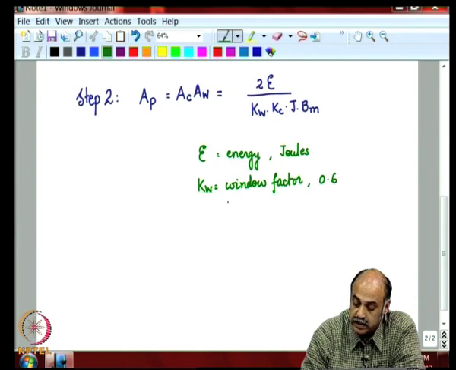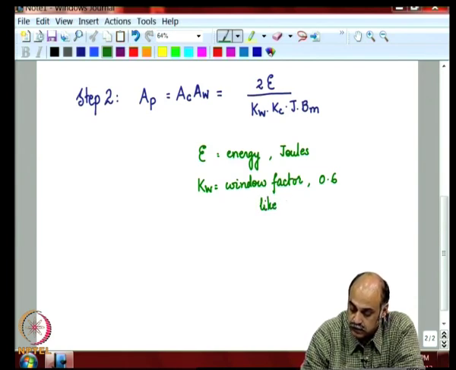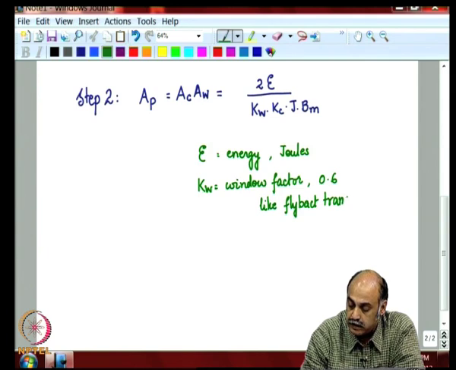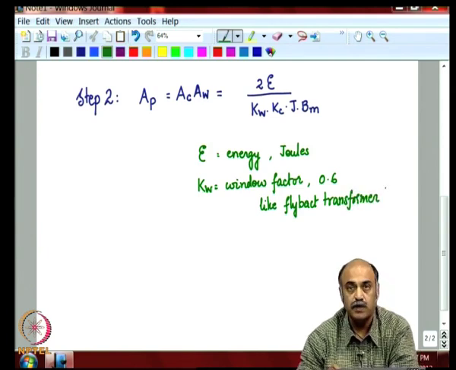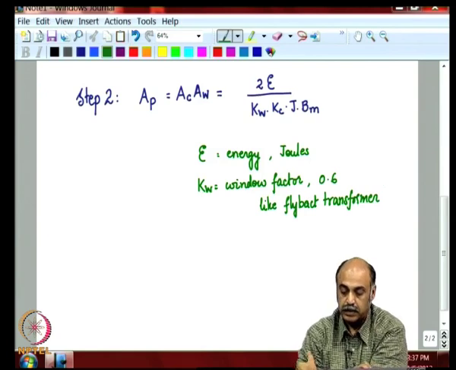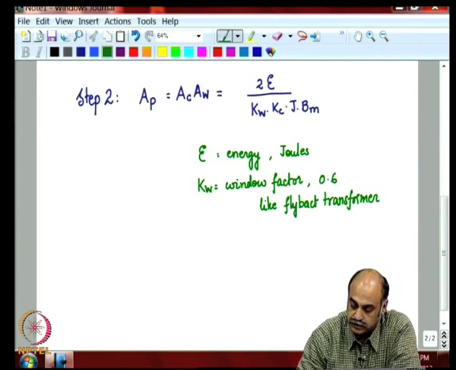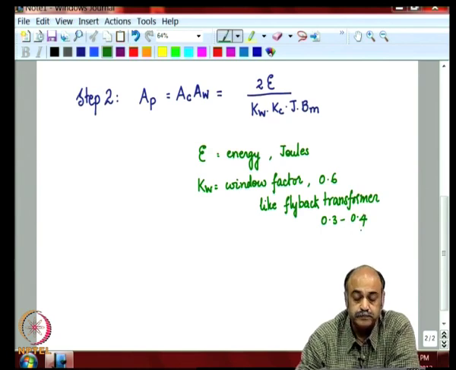For multiple winding inductors like the flyback transformer, the flyback transformer is not actually a transformer by operation, it is an inductor by operation. It is a multiple winding inductor, and for this the K factor is of the order of 0.3 to 0.4.